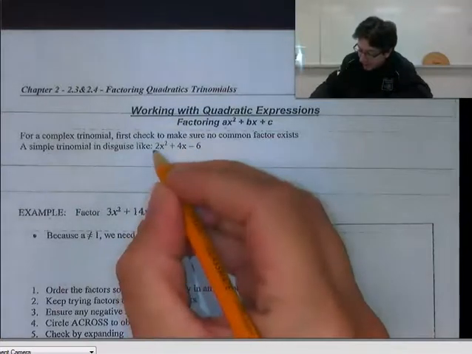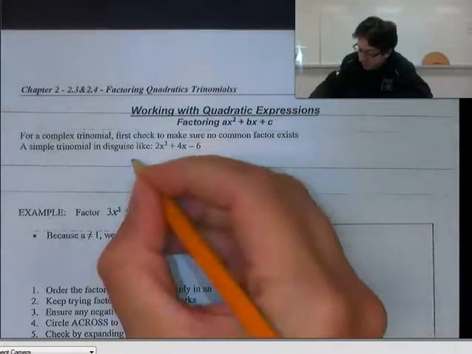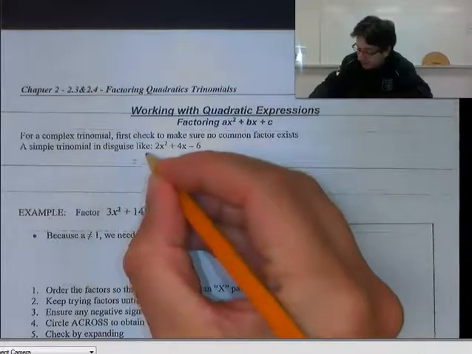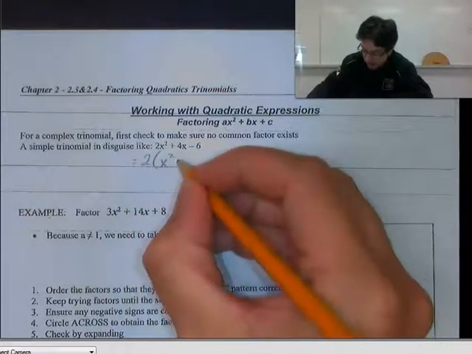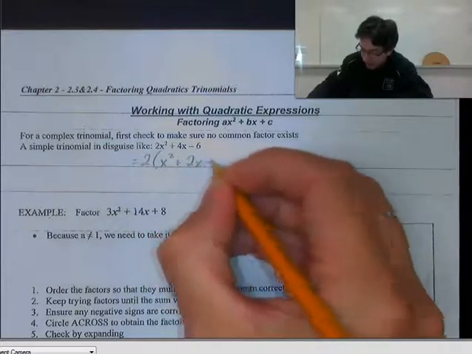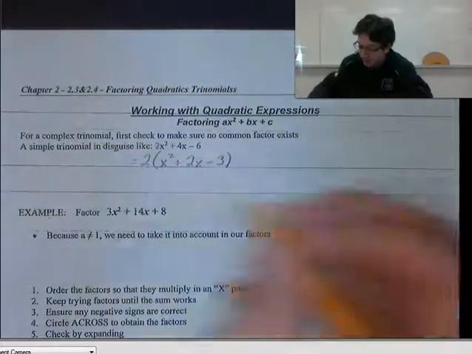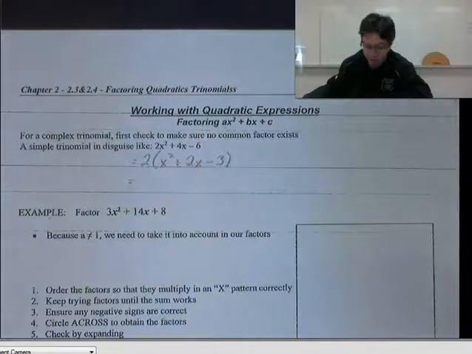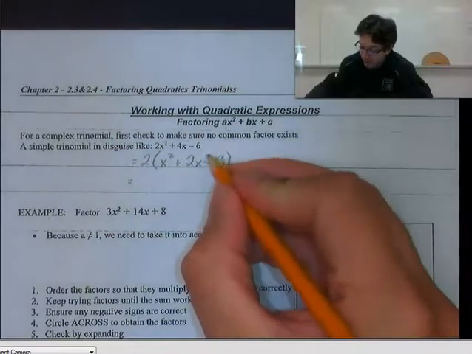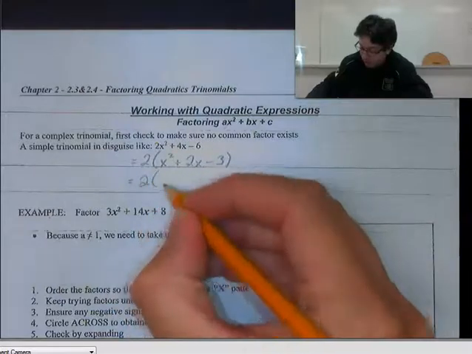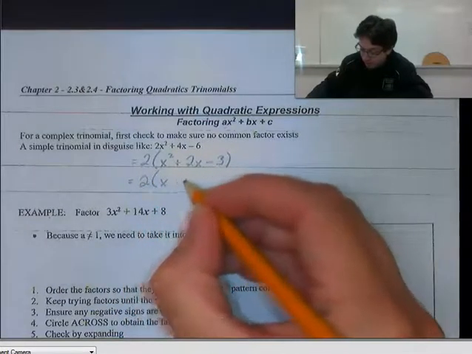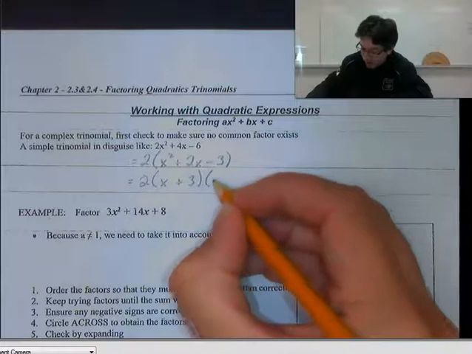So in this case, every coefficient is even. So if we pull out the common factor of 2, then we're left with just x squared plus 2x minus 3. Now it's just a simple question of what two numbers multiply to give you negative 3 and add to give you positive 2, which turn out to be 3 and negative 1.